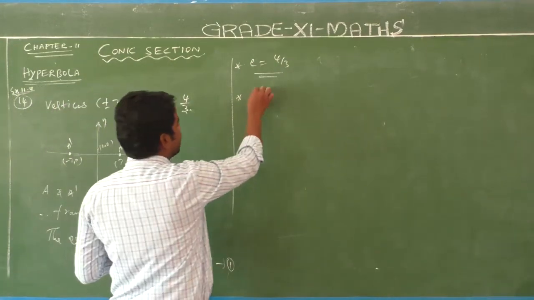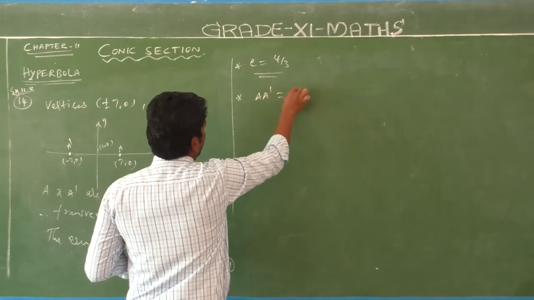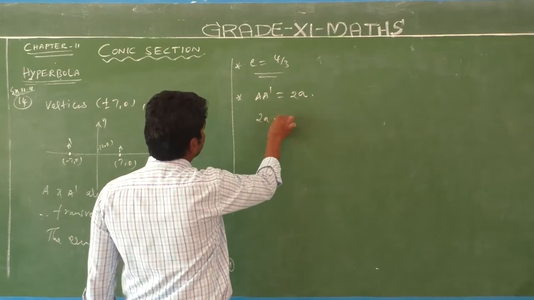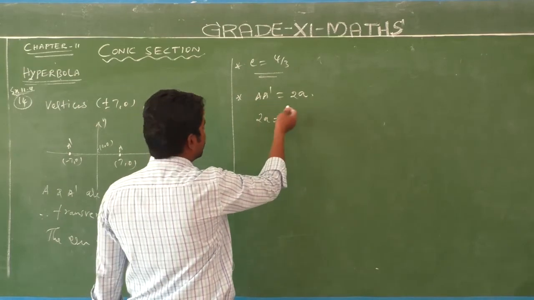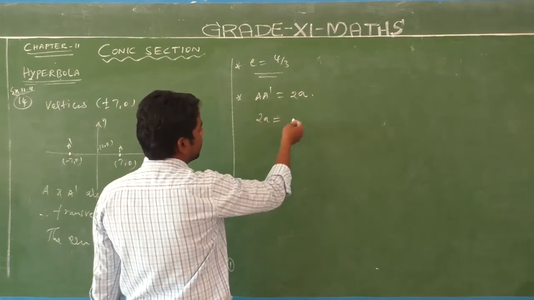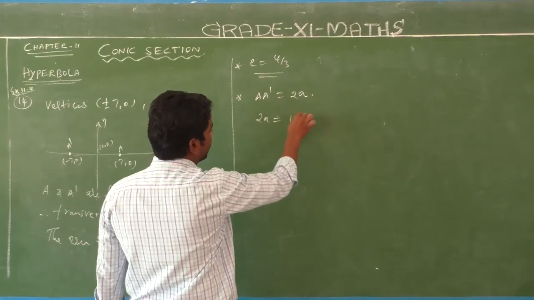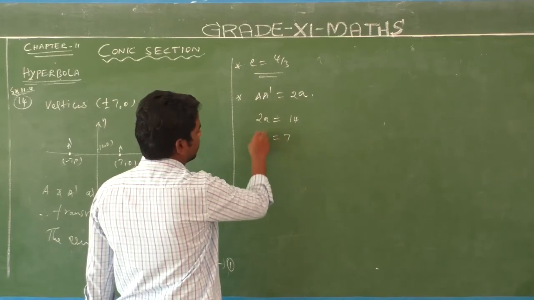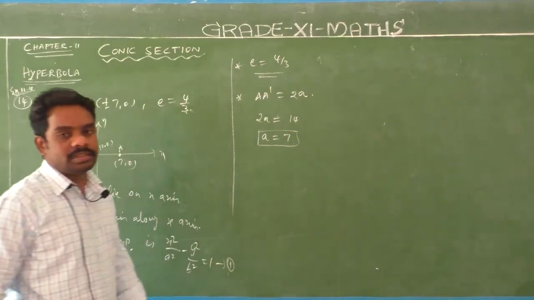The distance AA dash equals 2a, so 2a is equal to the distance between the points, root of 7 plus 7 the whole square, that is 14. So a is equal to 7.